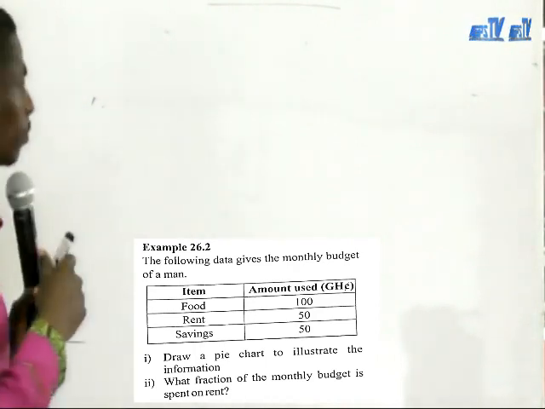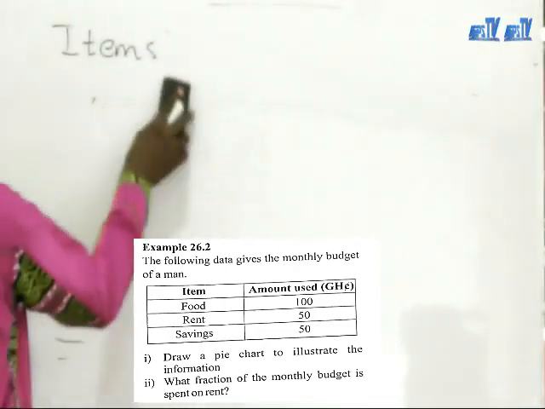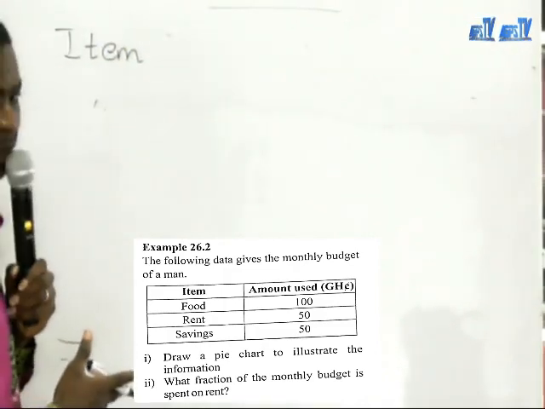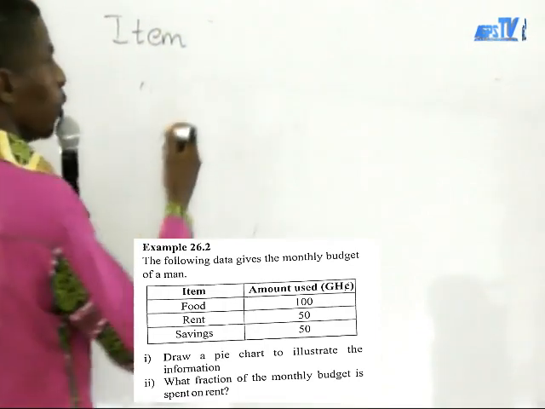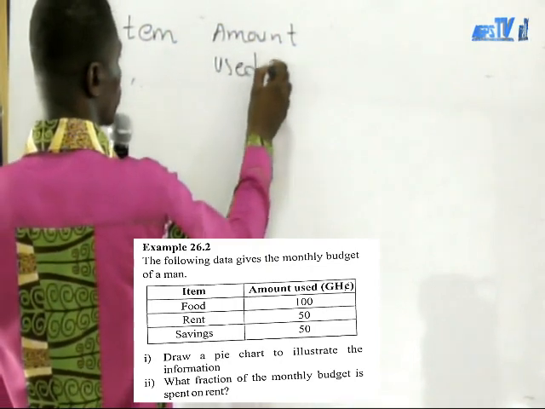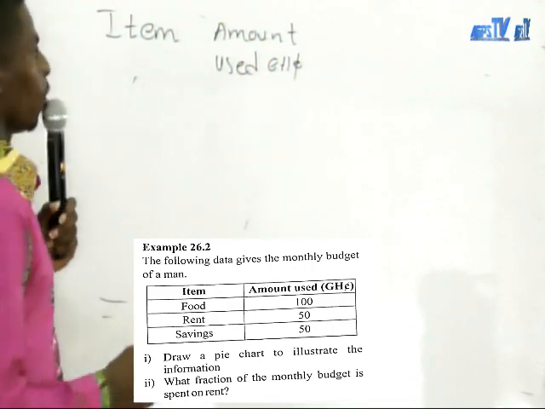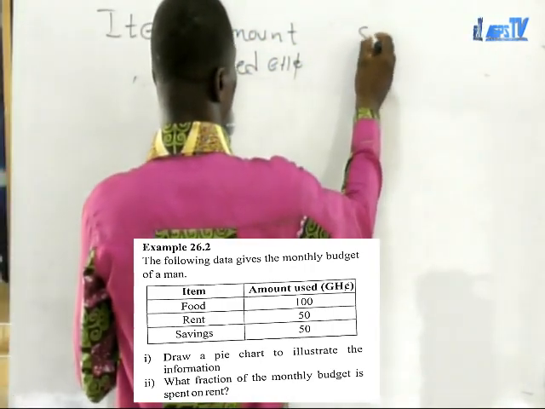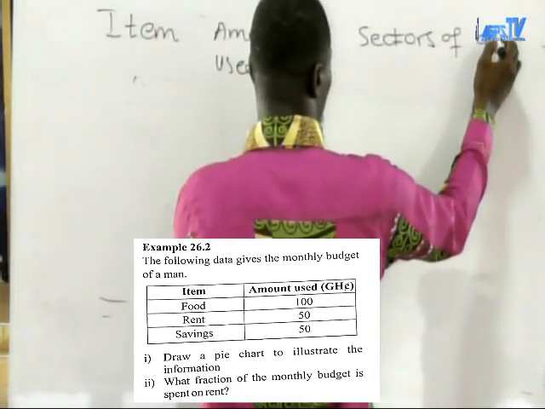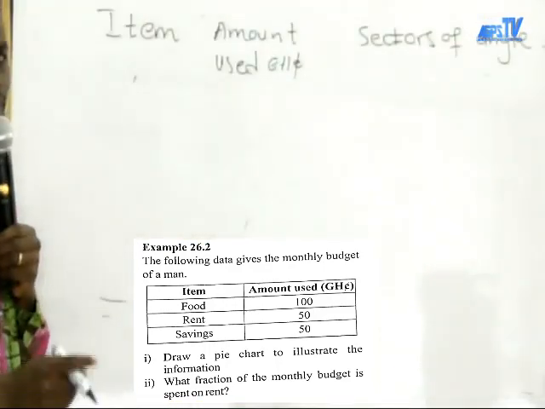So once again, we have our item, then we are going to have amount used in Ghana cedis, and then finally, we are going to have our sectors of angle. So we are going to have that.